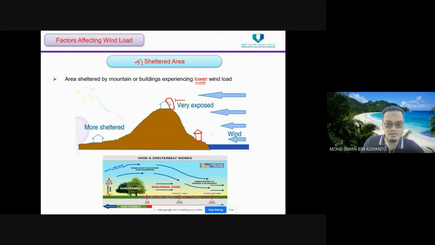This house will experience higher load compared to this house due to the shelter effect. Let's say this is sheltered by a tree, and the wind comes from here and then goes down, and we have a shelter zone where within this zone the wind speed is lower, and then it will speed up again after passing the shelter zone.